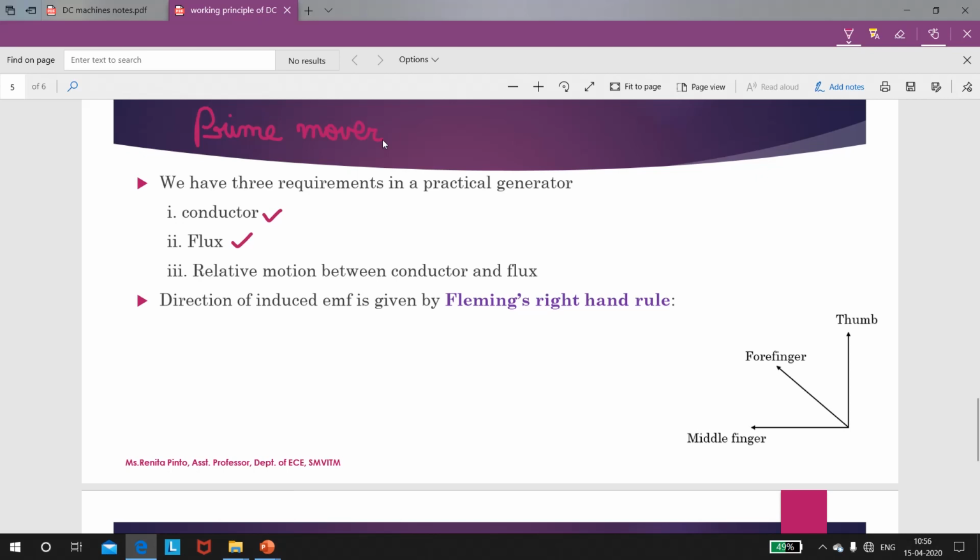Prime movers can be a steam engine, a diesel engine, or a water turbine. Magnetic field is provided by the field winding.